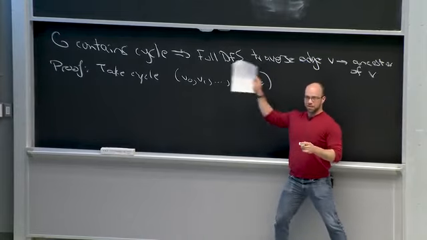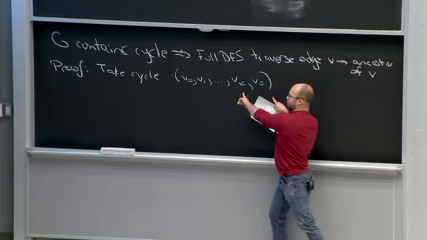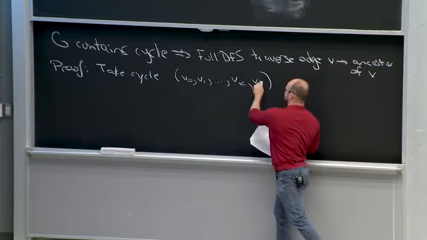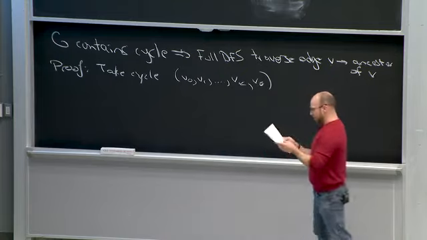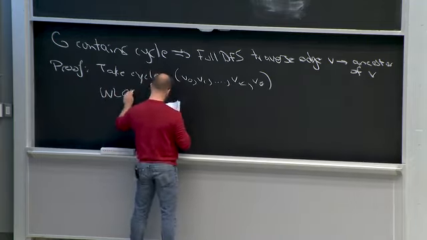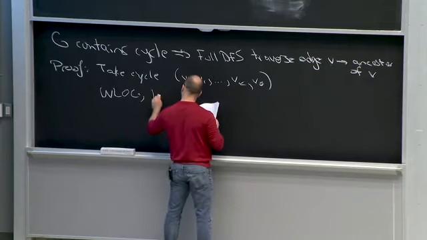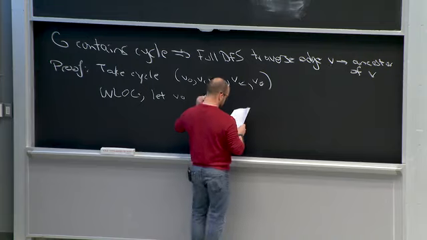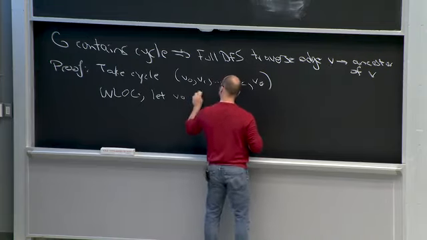Notice that if I permute the vertices in this list in a cyclical way, meaning that I take the last few of them and stick them at the beginning of the list, it's still a cycle. It's a nice thing about cycles. So in particular, without loss of generality, we're going to assume that V0 is the first vertex visited by DFS.